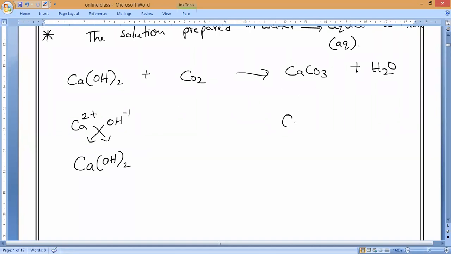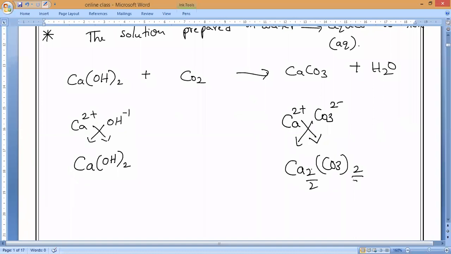What is the formula? Ca 2 plus, carbonate 2 minus. You have to speak, I should not speak every time. So Ca2, CO3 twice will come, both 2 will get cancelled. So we can say CaCO3. Yes or no?